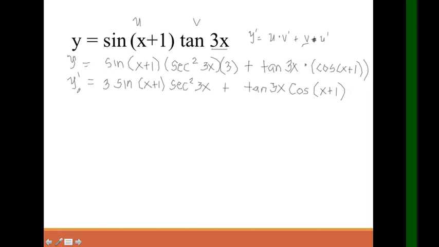Okay, so this will be our final answer. Kasi hindi mo na siya pwede ma-simplify pa eh. You cannot add tangent and sine, secant squared and cosine. So, yan na yung pinaka-simplest part niya for this particular example.